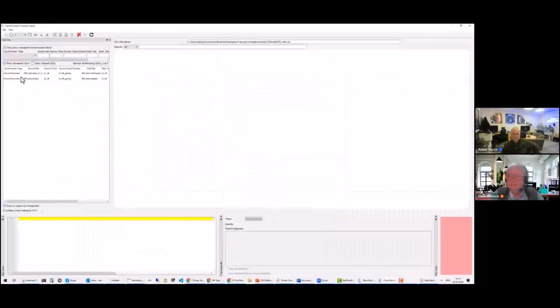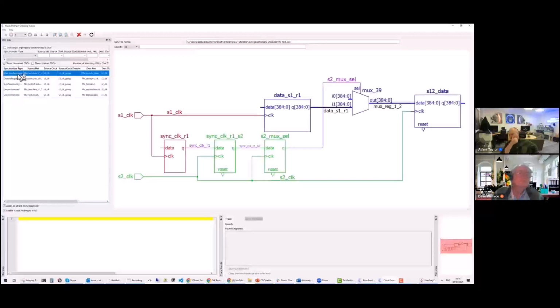In this new view, by default, we can see any of the synchronization types which have failed. If we want to see all of the CDC types, then we can just uncheck this module and we can look at the CDCs that have been detected and analyzed and marked as being safe during that initial cross.